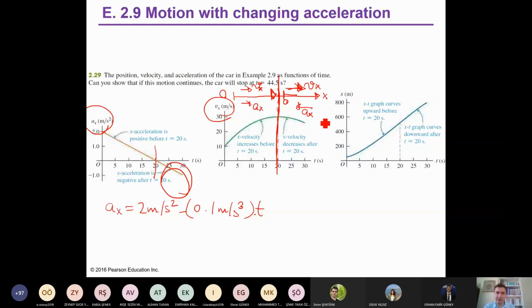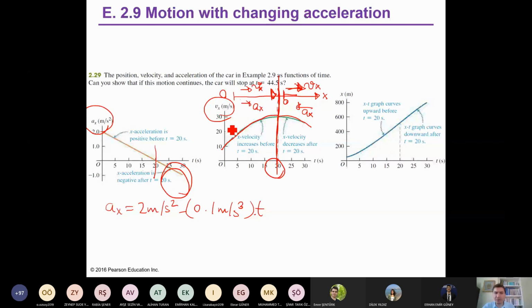Okay, what do you see here? This is the velocity, and after 20 seconds, velocity goes down, but still in the positive x direction. Is it clear? Now yes. Good. We have time versus position. What do you see here? Sally started from the origin, and she is going in the positive x direction.